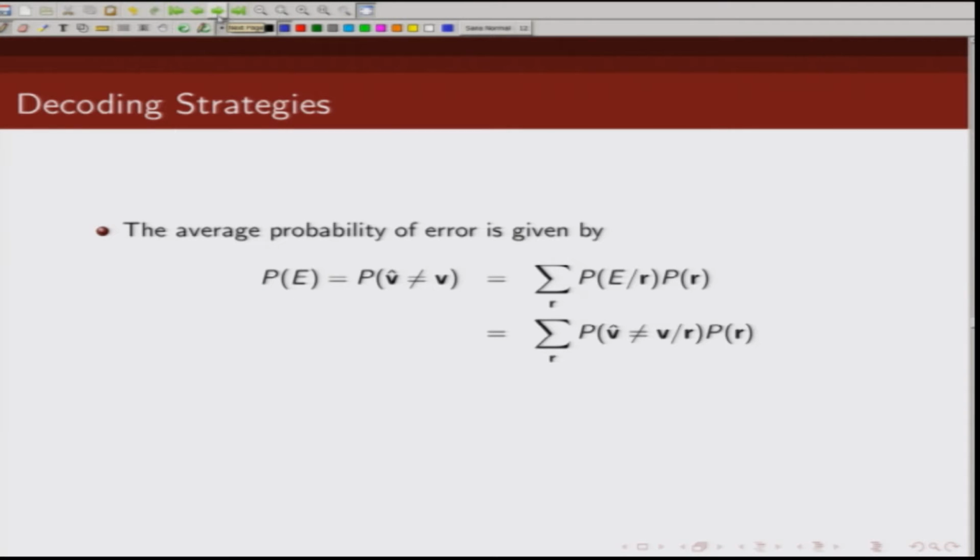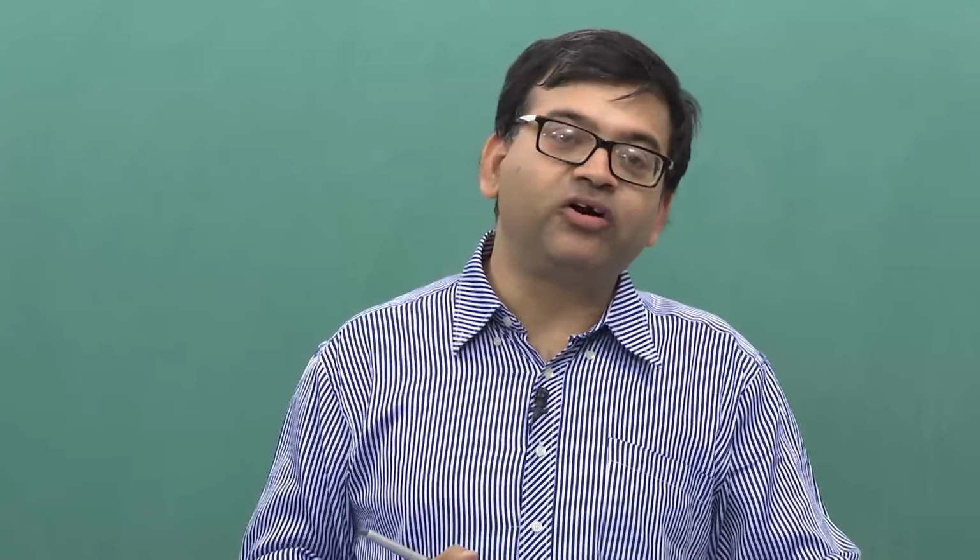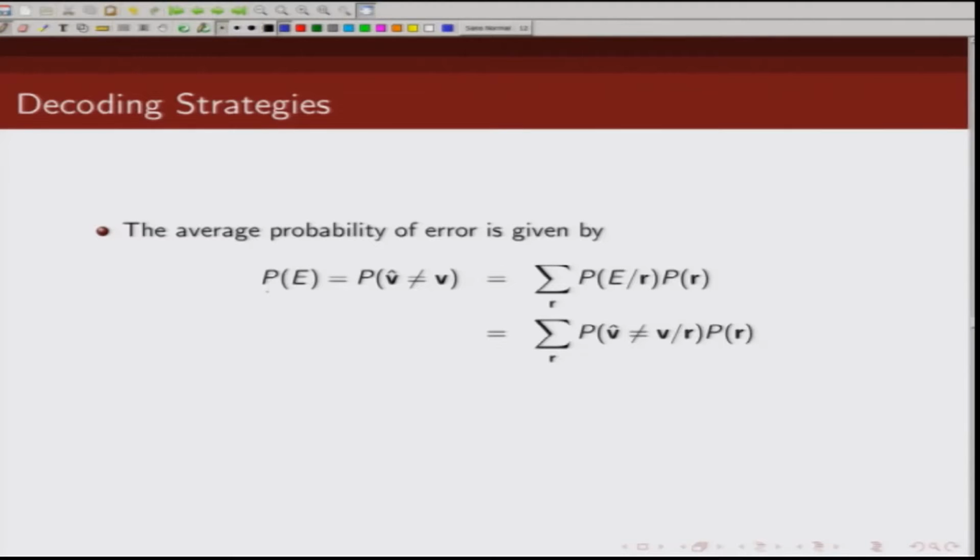Now, one of the policies we can use is basically to minimize the probability of error. Now, when does an error occur? When my decoded sequence is not the same as my transmitted sequence. So, my probability of error is the probability that my estimated sequence, which I denote by v hat, is not the same as v.